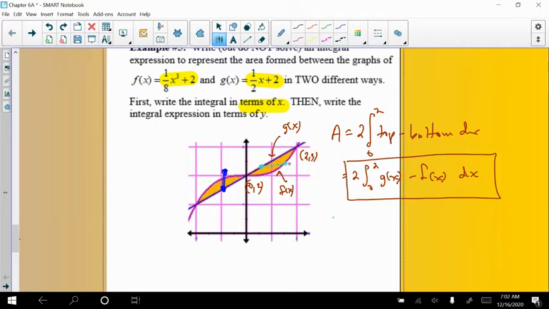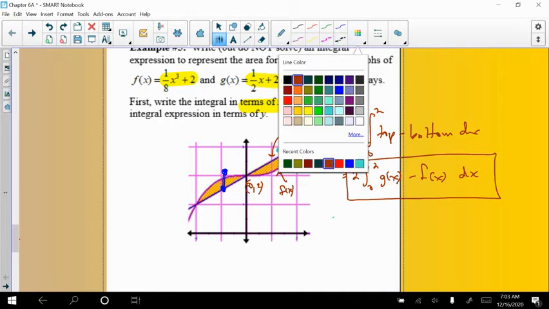At every instant, if you were measuring horizontally, right to left, you're still bound between two separate curves, and it's still symmetry. So I might look at just this right side and do two of them, just like I did in terms of x here.